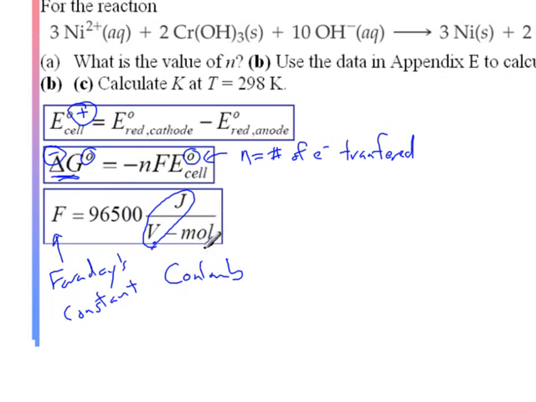The reason they change a unit here is that when you plug it into this particular equation, it allows the units to cancel out, and we're left with joules, which is the unit for Gibbs free energy. The E naught cell is in volts, so the volts are going to cancel out, and you're left with joules.